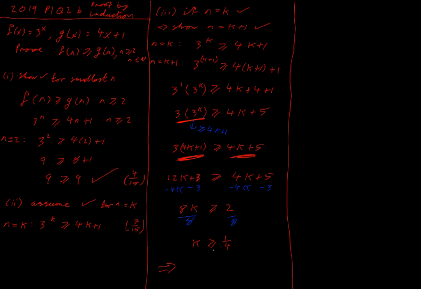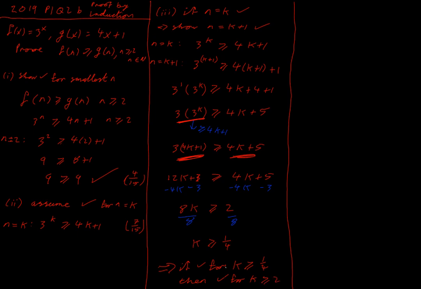So if our relationship is true when k is greater than or equal to 1/4, then it's definitely true when k is greater than or equal to 2. So therefore, if true for k greater than or equal to 1/4, then true for k greater than or equal to 2.